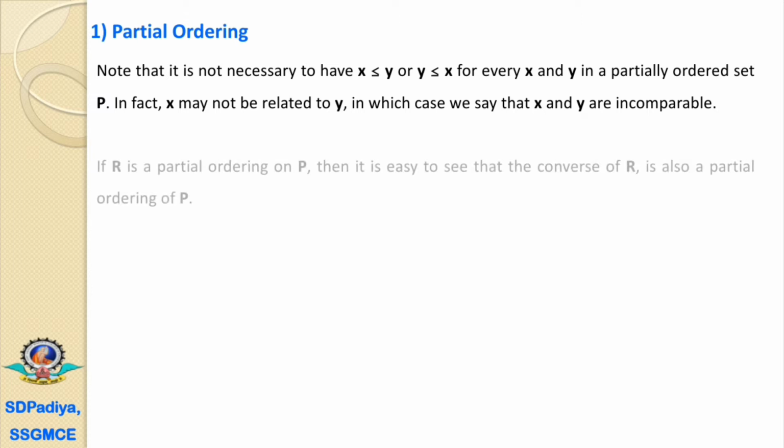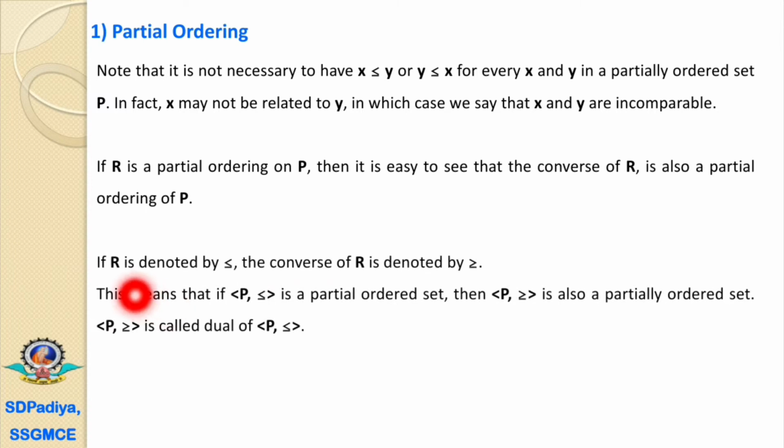It is not compulsory that every x has a partial order relation with y and y also has one with x. If R is a partial ordering on the set P, then it is easy to see that the converse of R is also a partial ordering of the set P. If the relation R is denoted by this symbol, the partial order relation, then the converse of R is denoted by its inverse symbol.